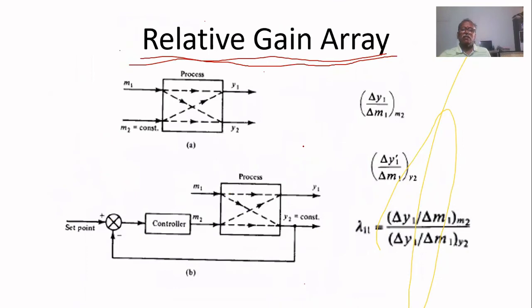This is to understand interactions. Now let us quantify these interactions. For that, we are using the relative gain array. For a 2 by 2 process, the relative gain array matrix consists of 4 elements: lambda 1 1, lambda 1 2, lambda 2 1, lambda 2 2.